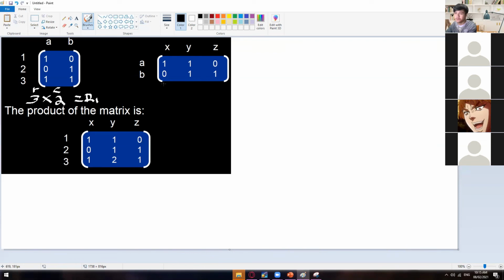And then for the R2, what is the size of R2? 2 by 3. 2 by 3. Okay. As you can see right here, we have 2 rows and then 3 columns. This is now the size of your R2. All right. So the question here is we have to multiply R1 to your R2. But before you can do that, there is one thing that you need to check. Okay. So let me just erase this one.